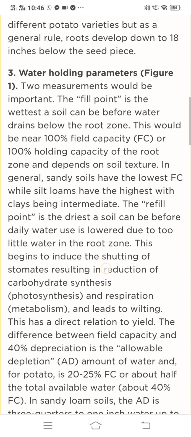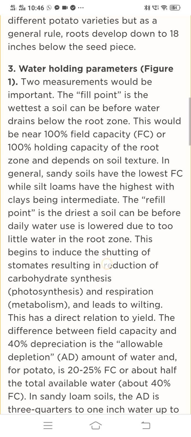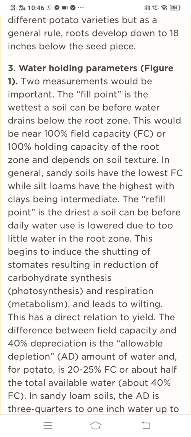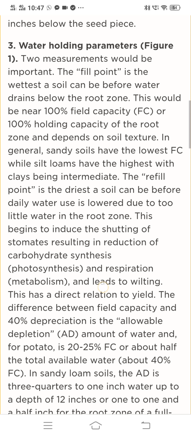It is very important to know. This would be near 100% field capacity. So the fill point is field capacity.